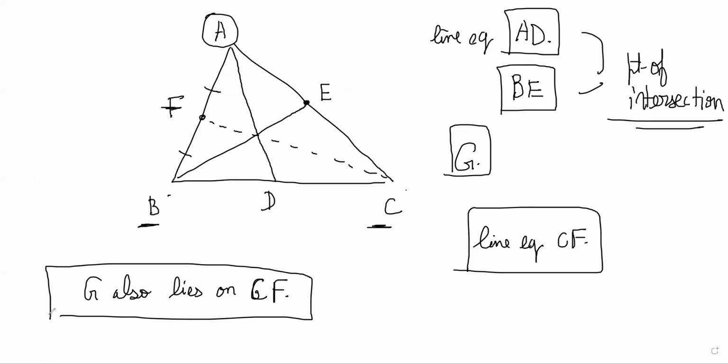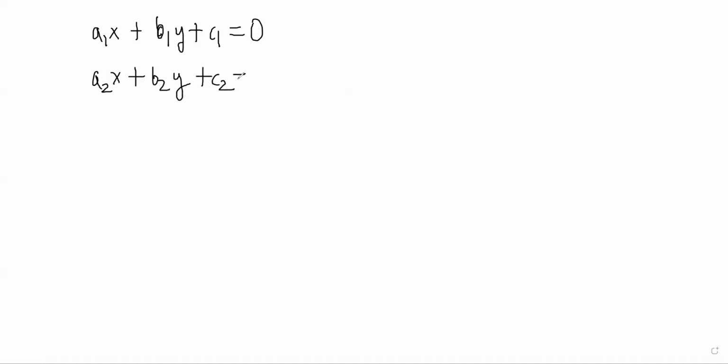The next thing that I want to talk about is basically the idea of when we can say something about two lines, a1x plus b1y plus c1 equal to 0 and a2x plus b2y plus c2 equal to 0.